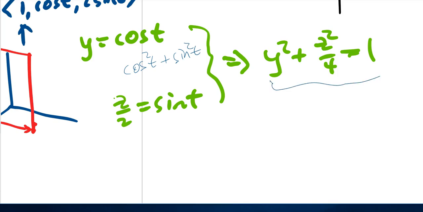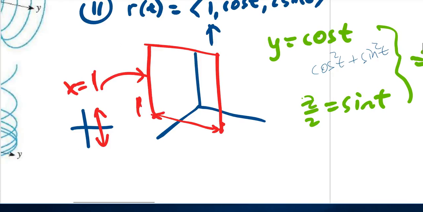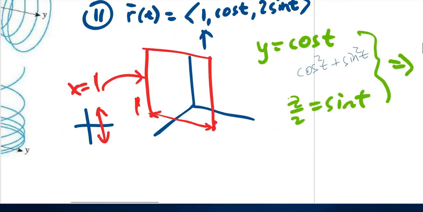Well, this is an ellipse. So basically you have an ellipse that's stretched further in the z direction and lies in the plane x equals 1. It doesn't stop at the bottom here, so this ellipse goes something like this.